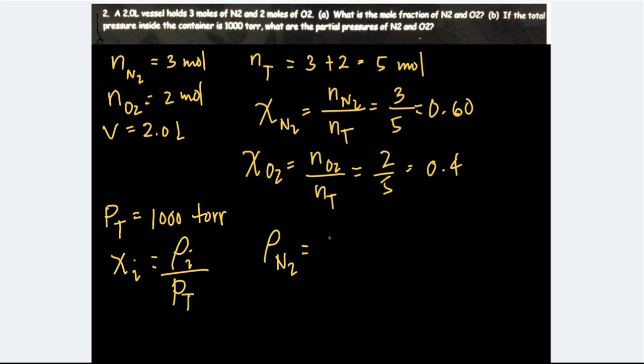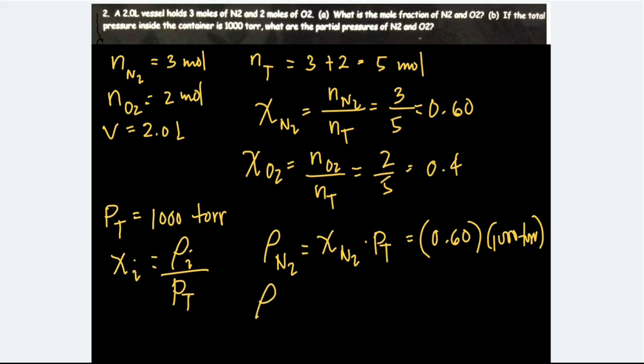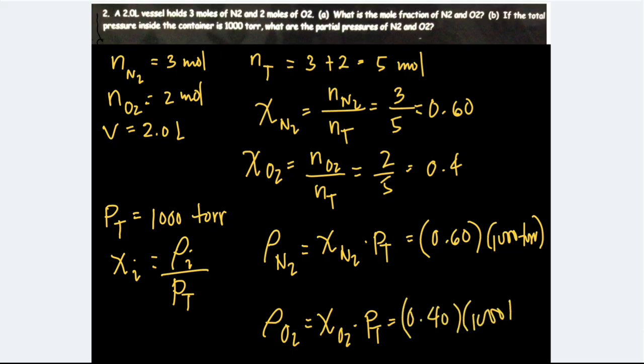The partial pressure is the mole fraction of N2 times the total pressure. So that is 0.6 times 1000. Then the partial pressure of oxygen is the mole fraction of oxygen times the total pressure, so this is 0.4 times 1000 torr.